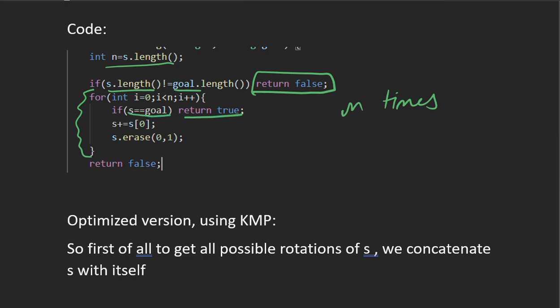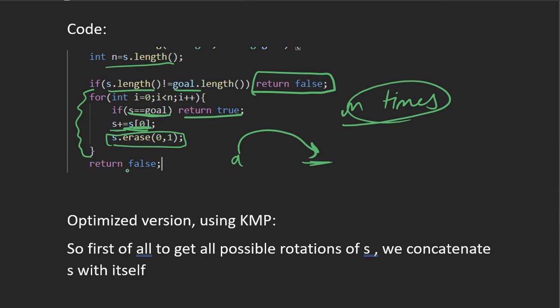Else we add the first character to the string s, and then erase the first character from the string s, basically shifting the leftmost character to the rightmost index, right? And we keep doing this n times. If at not a single point they are equal, then at the end we return false.